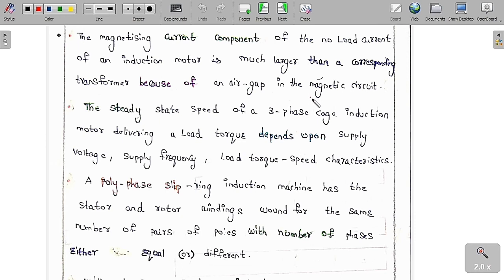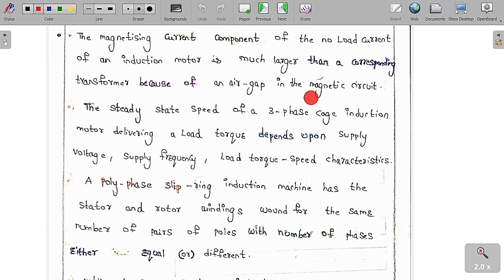So finally I can say that the no load current of the induction motor is very high when compared to the no load current of the transformer. Similarly, the magnetizing current of the induction motor is very high when compared to that of the transformer. Similarly, the power factor angle of the induction motor is very high when compared to that of the transformer.